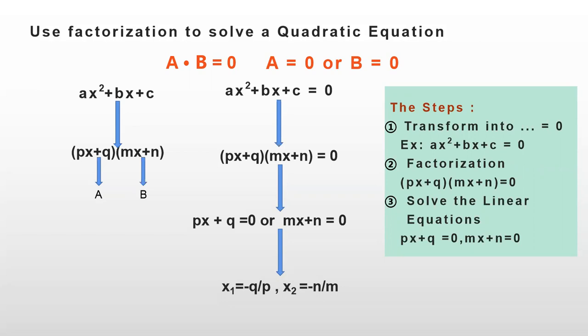As you can see, we use the property of 0, where if two numbers multiply to 0, one of them must be 0. After that, we can factorize to get something times something, like in this case, px plus q times mx plus n is 0. There has to be nothing else left, or otherwise we'll have something else that's not 0 on the other side. And then you can just solve the linear equations, where px plus q is 0 and mx plus n is also 0.